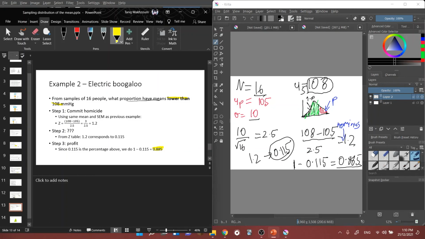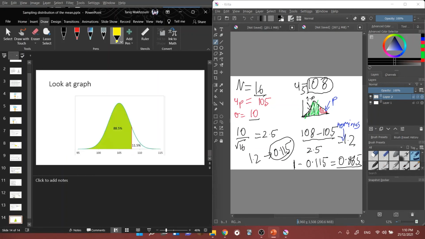And just to show you the graph, that's what this looks like. First, we looked for the z value of getting 108, which is equal to 1.2. Again, that's how many standard deviations 108 is from 105.